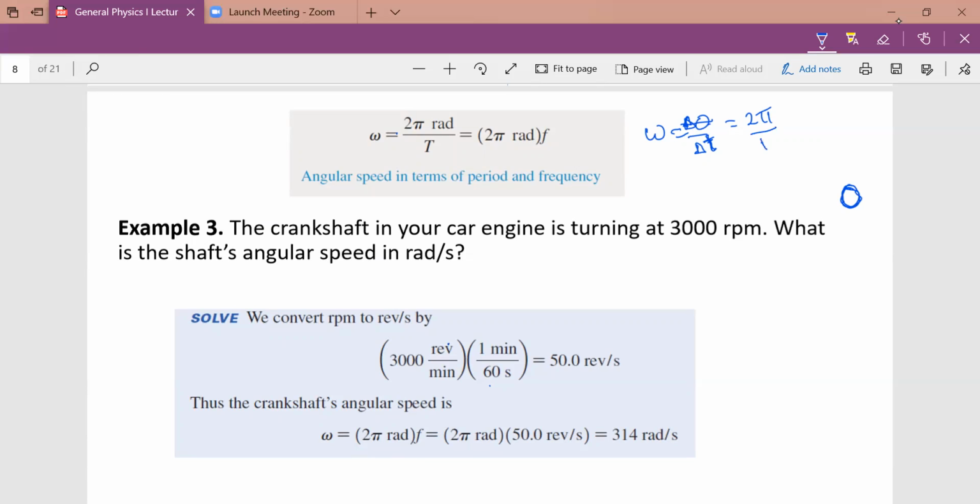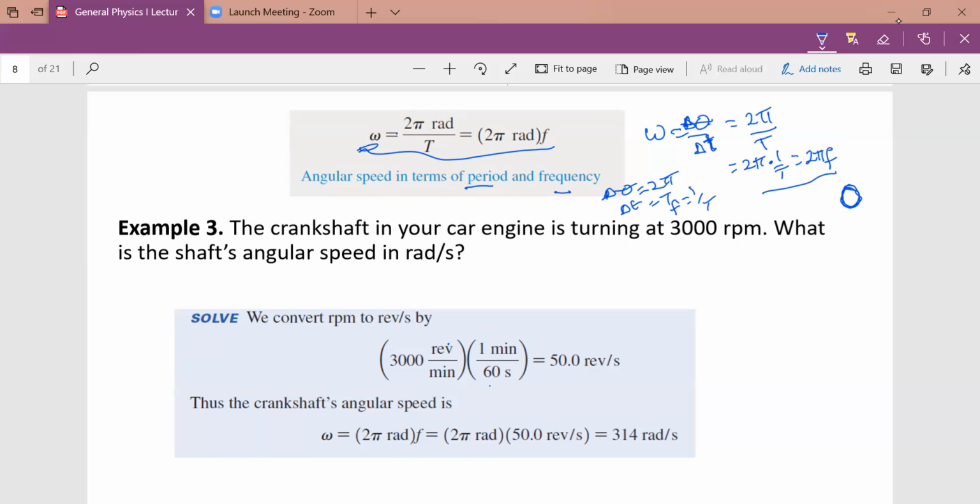So we can say change in t is equal to T. So if change in theta is equal to 2 pi and change in t is equal to T, we can put it in this equation. But remember also that frequency is equal to 1 over T. So 2 pi times 1 over T will now give you 2 pi f. So this is the expression that relates the period, frequency, and angular velocity.